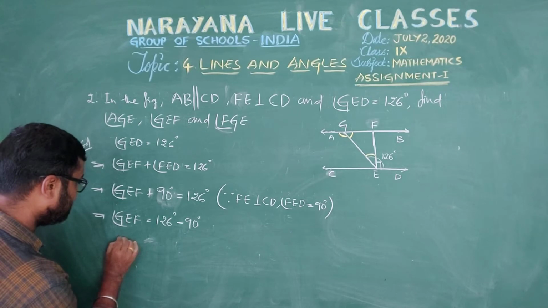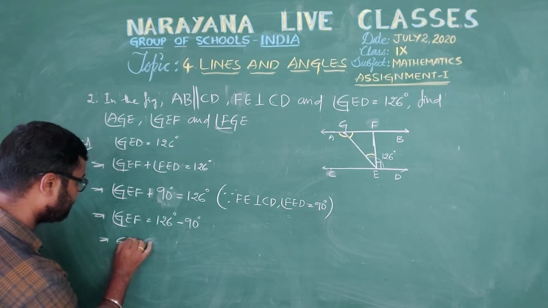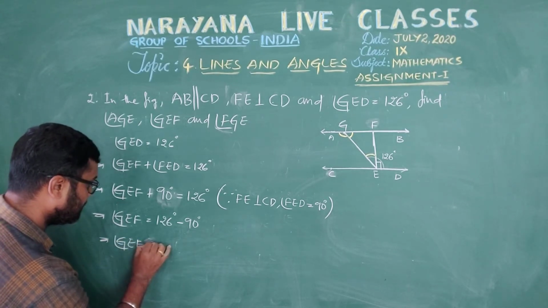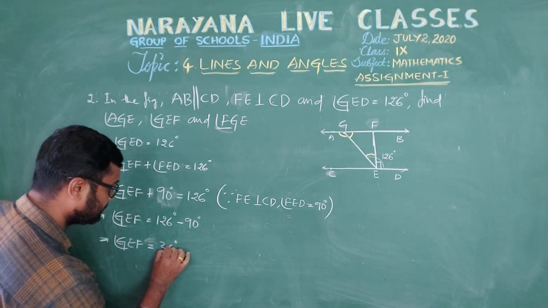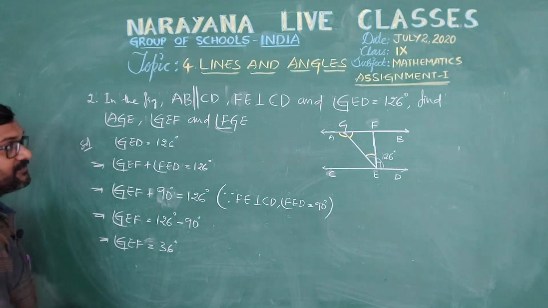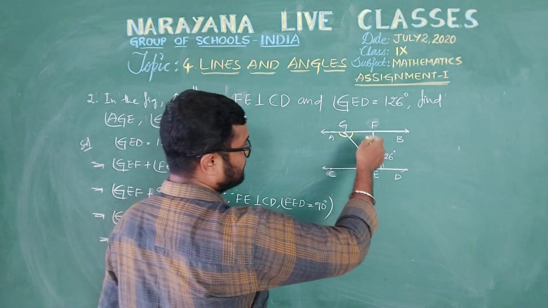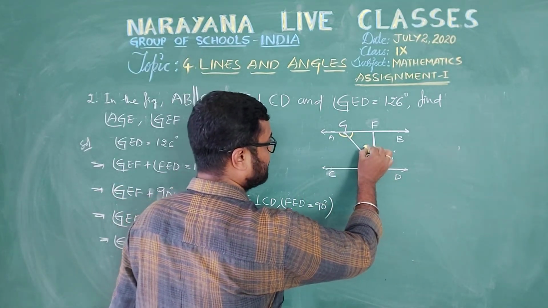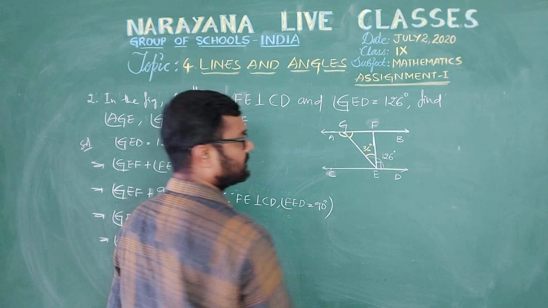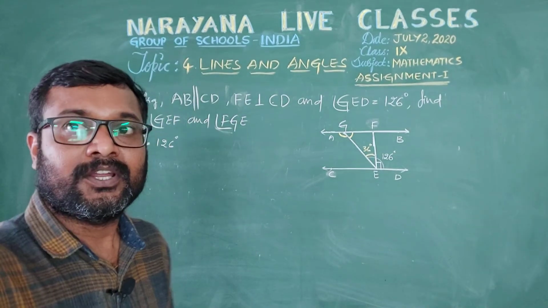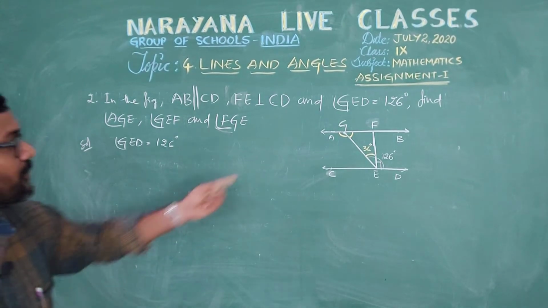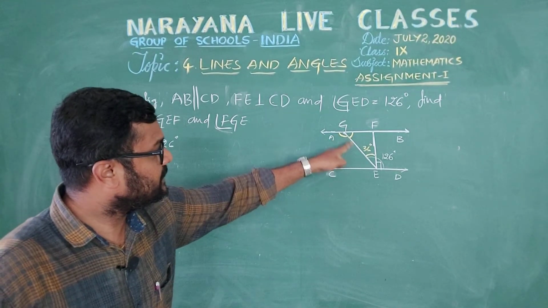Now angle GEF is equal to 36 degrees. That is, angle GEF is 36 degrees. Now let's find another angle. Now see, let's find out angle AGE.